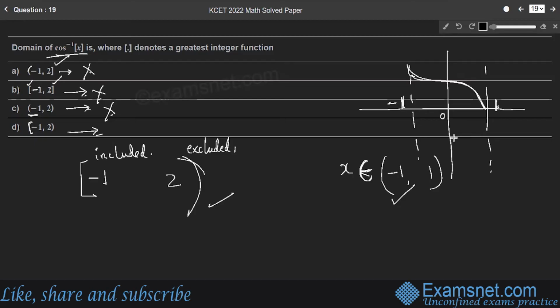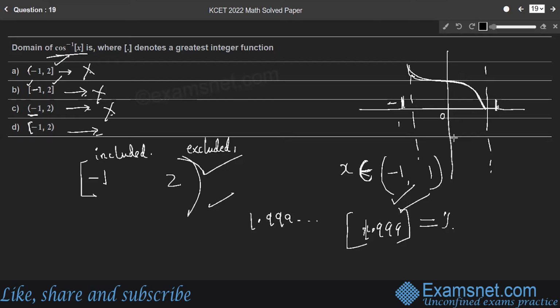Excluded means it can be 1.999 something. So box of 1.999 is equal to 1. Therefore, we can take the values from minus 1 to 1.99999. The only thing is you should not take the value of 2.